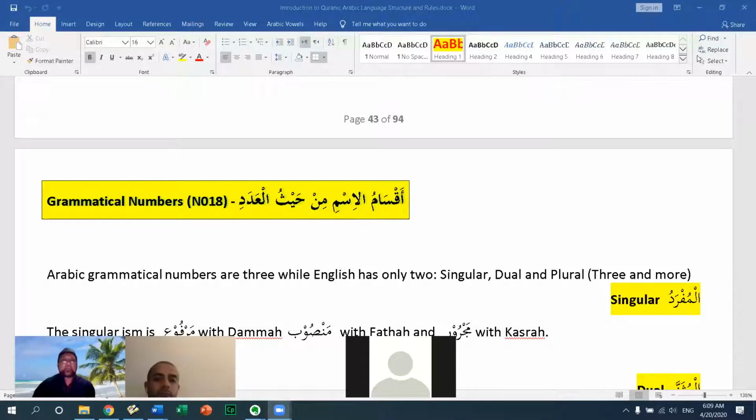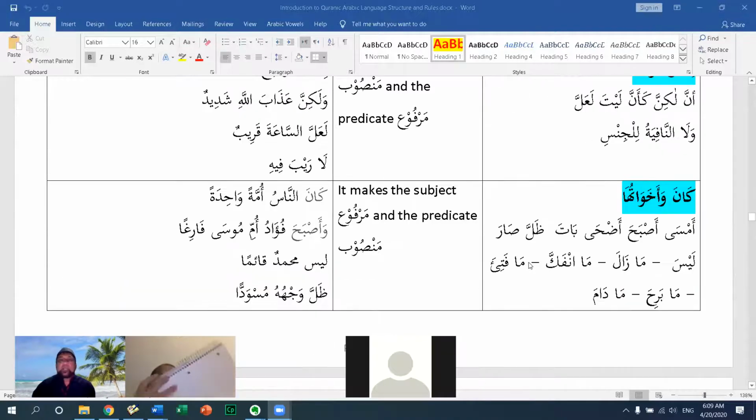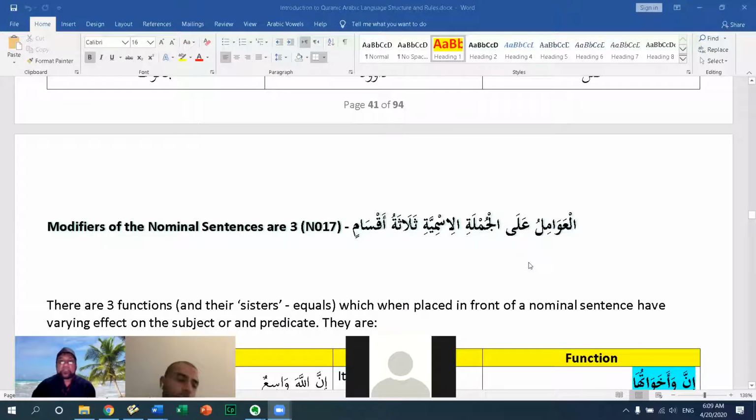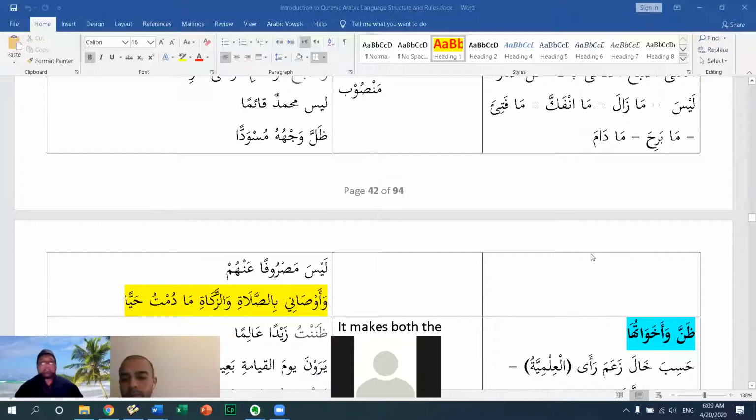Inshallah, we'll continue from where we left off last week. Last week, just as a quick reminder, we finished off العوامل على الجملات الاسمية, the modifiers of the nominal sentence. We have إن وأخواتها, كان وأخواتها, and ظن وأخواتها.